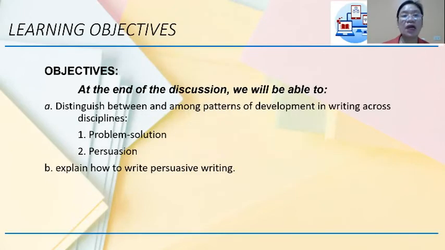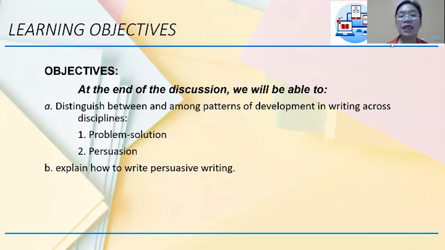And for our learning objectives, at the end of the discussion, we will be able to distinguish between and among patterns of development in writing across disciplines of problem solution paragraph and persuasive paragraph.